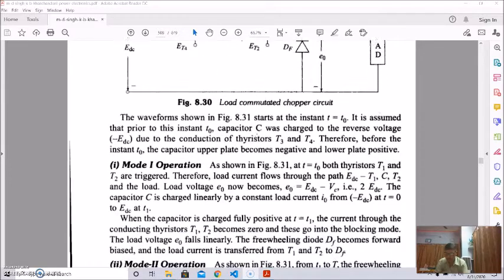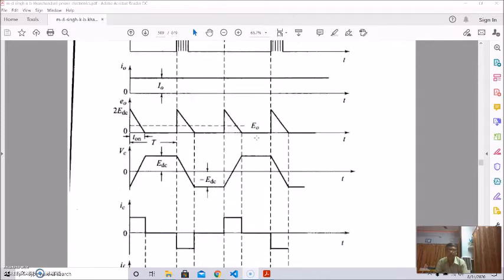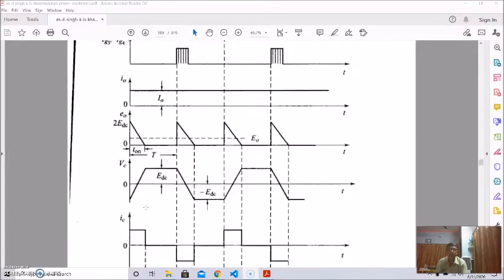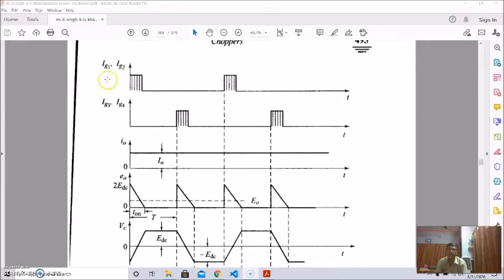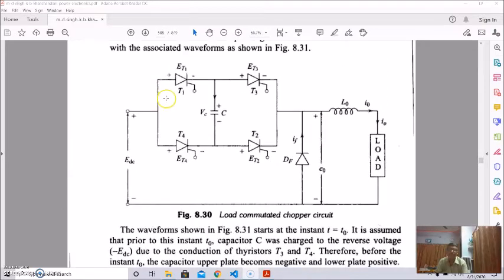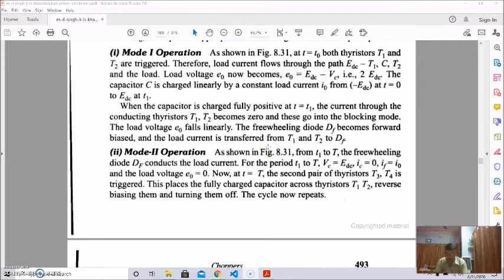During mode 1 operation, at t equal to t0, both thyristors T1 and T2 are triggered. This is the triggering pulse for thyristor T1 and thyristor T2.